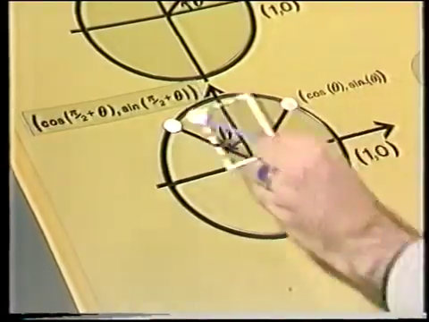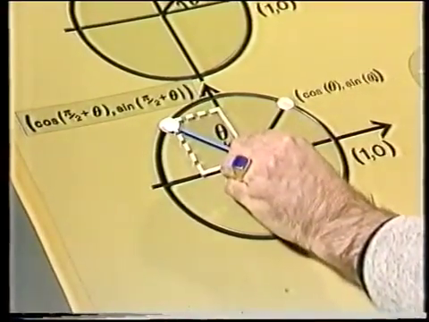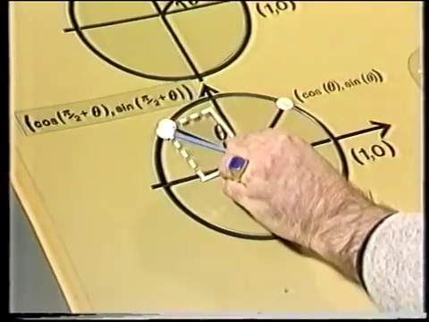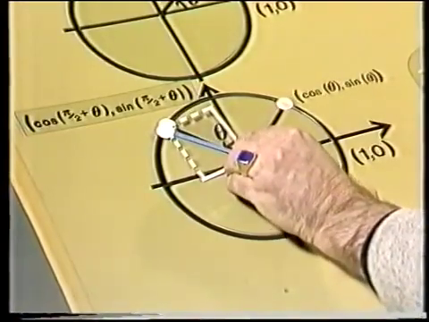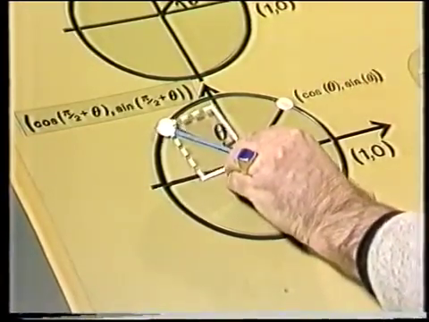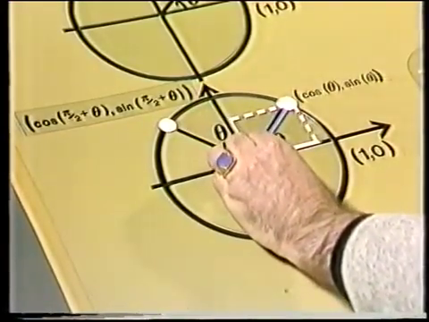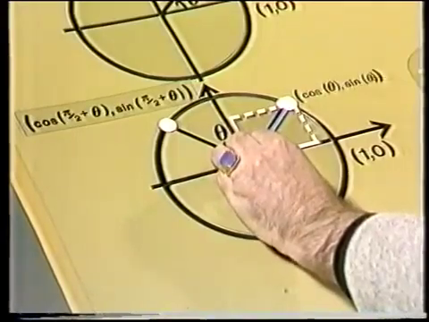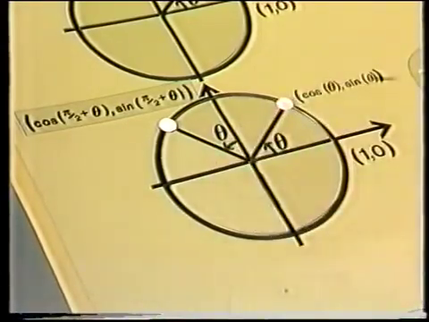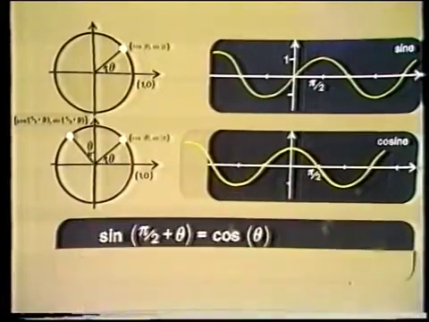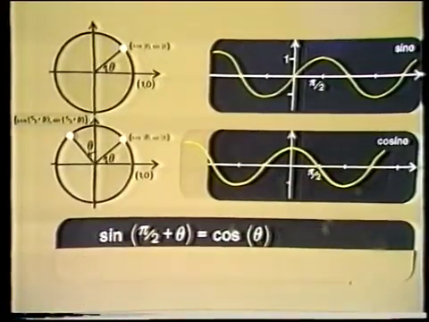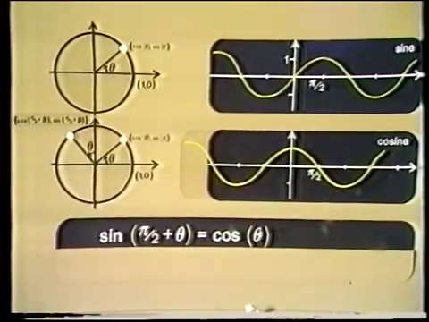Well, the y-coordinate of the rotated point is sine of pi over 2 plus theta. But that's the vertical height. But that's the same as the x-coordinate of the original point. And that's just cosine theta. So, in fact, we know that the sine of pi over 2 plus theta is equal to the cosine of theta.